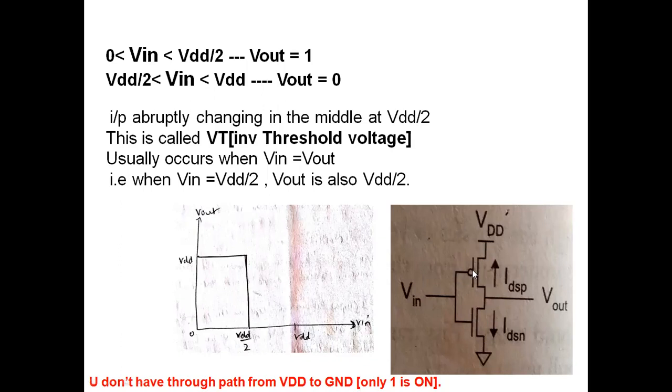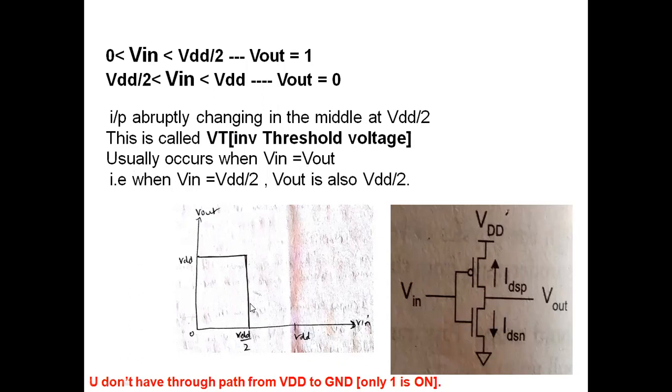In the same way, this whole inverter also has a separate threshold voltage, which we call VT, where VT is the inverter threshold voltage for this whole inverter. This inversion occurs when input Vin is equal to Vout.